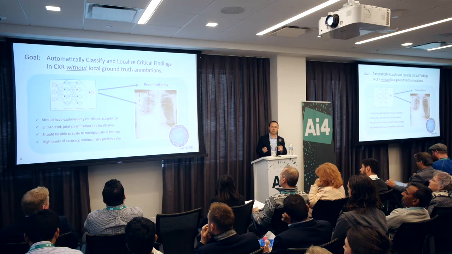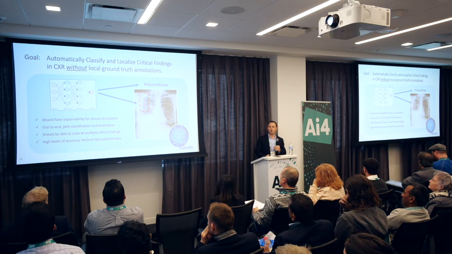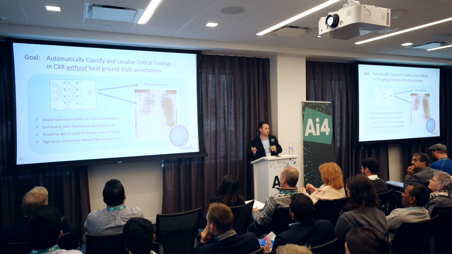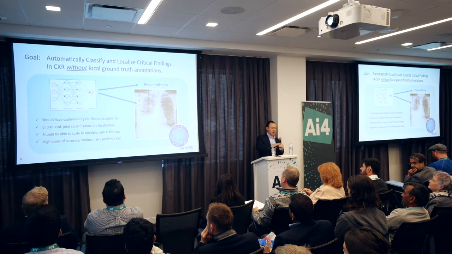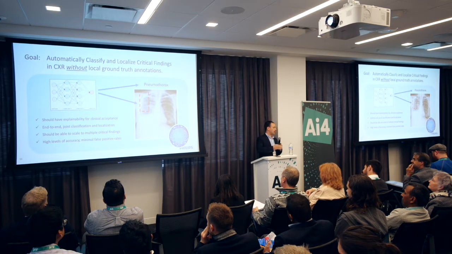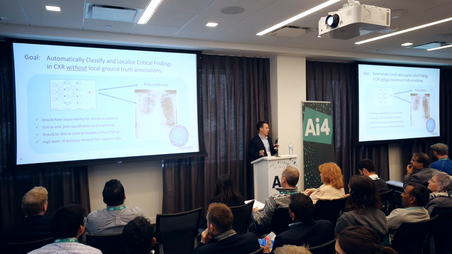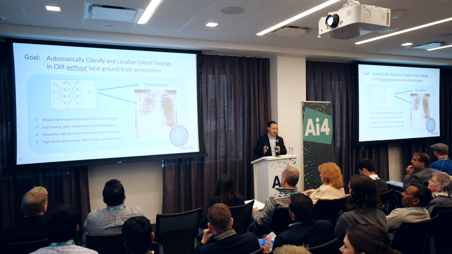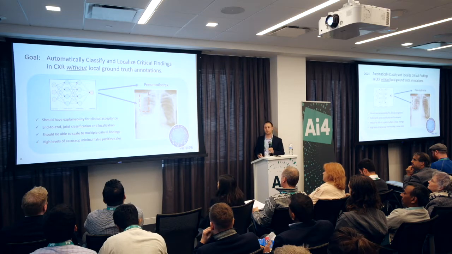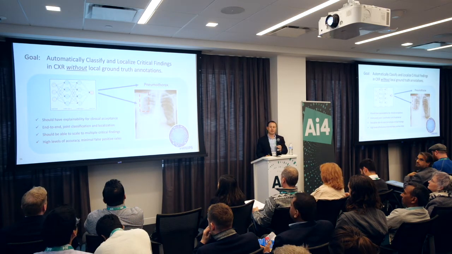And by end-to-end, I mean a single line of optimization. We don't want first to classify it and use that classification to then localize it, because if we got the first step wrong, that could really impact the second step. So that also means we want to do this jointly. We want to jointly classify and localize at the same time. And ideally, it should scale to multiple findings.